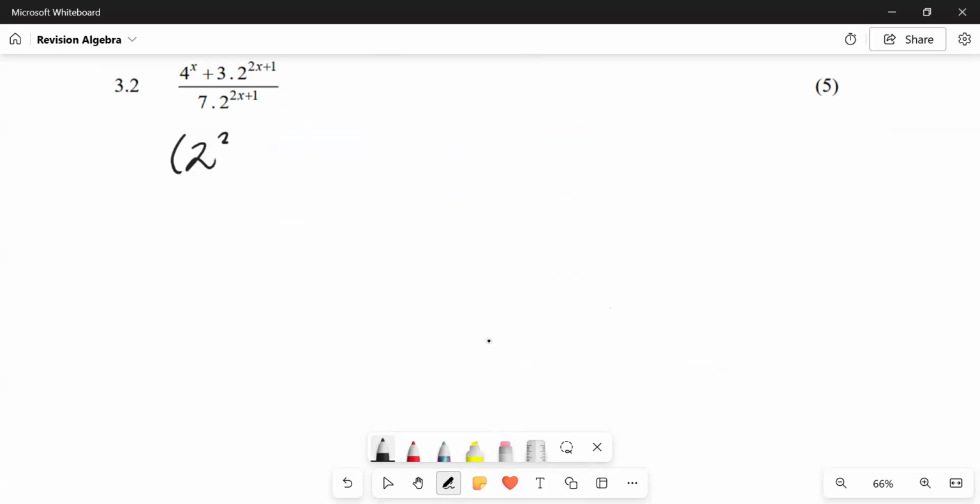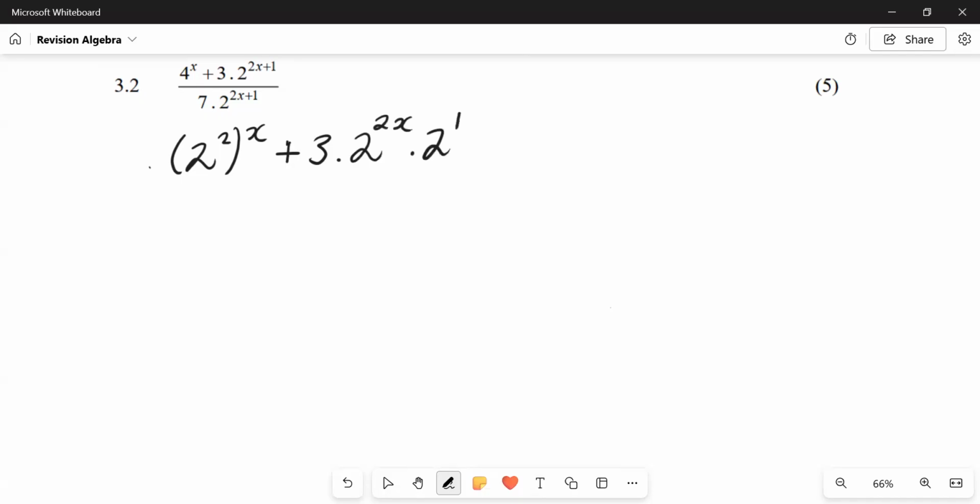So that's 2 to the power x plus, and then there's 3 times, let's separate the exponents. So we use law number 1 by separating the exponents, right?